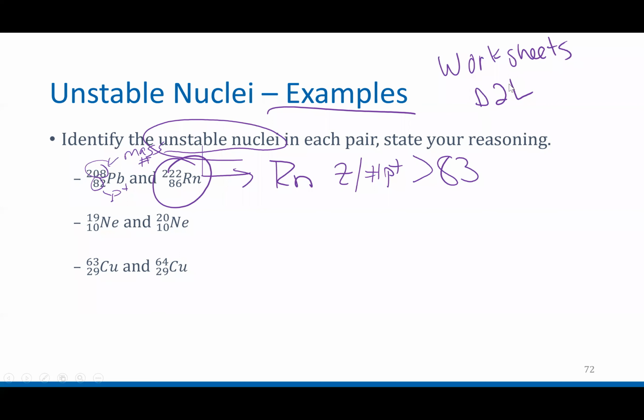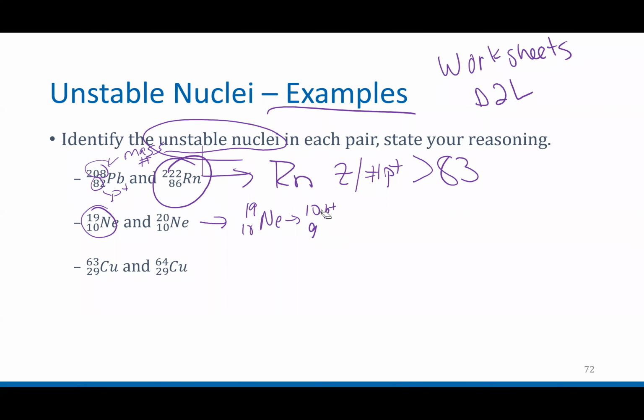All right, so let's look at these questions. Okay, neon 19. This chemical, neon 19 we call it, would have 10 protons and 9 neutrons.